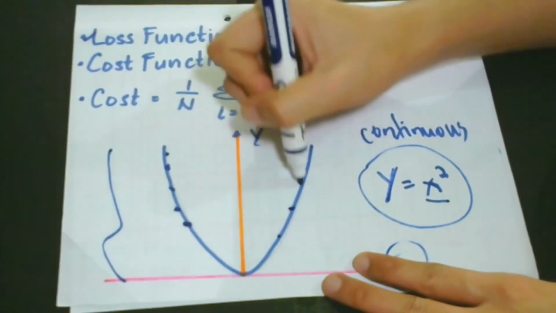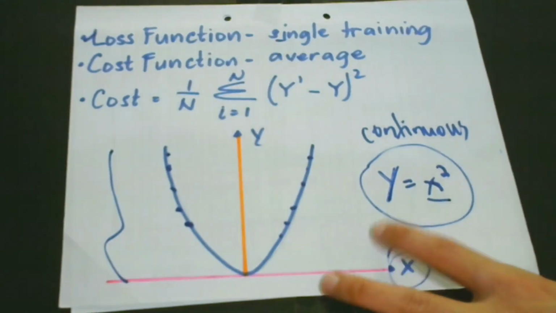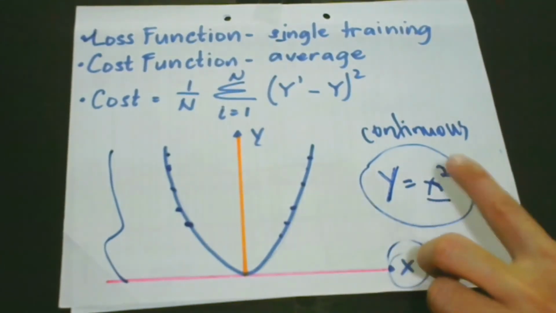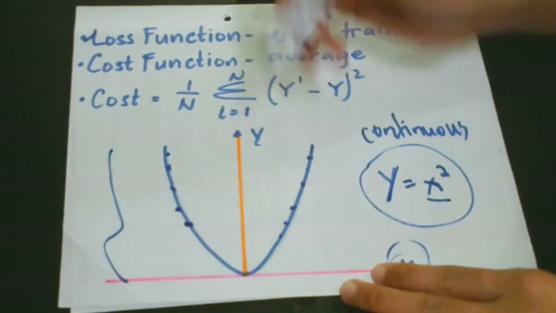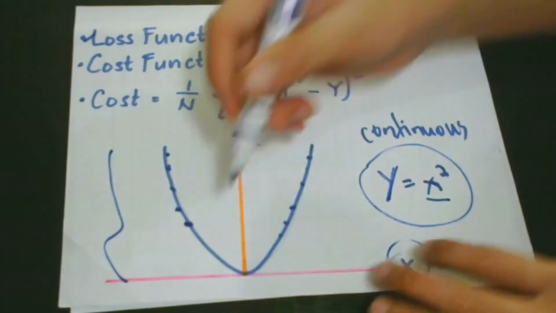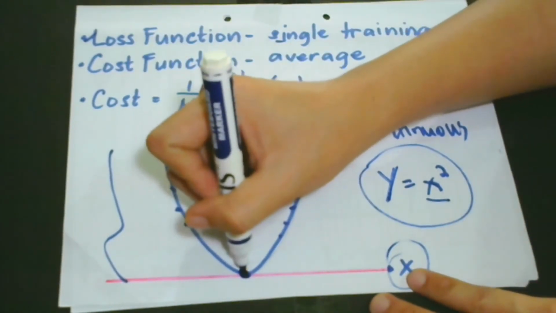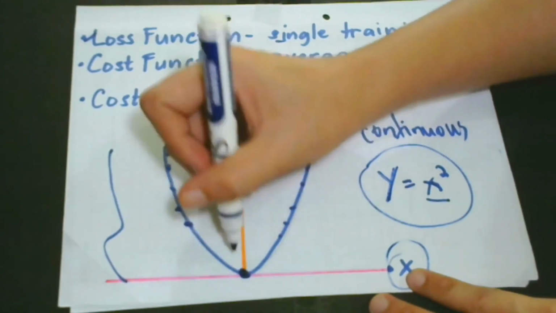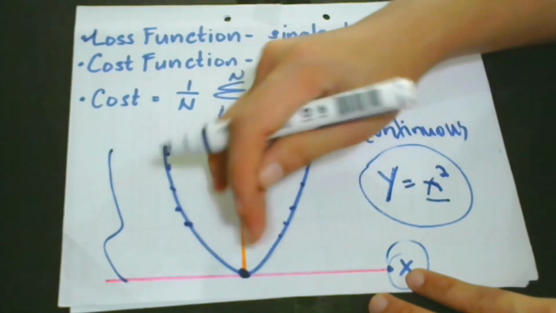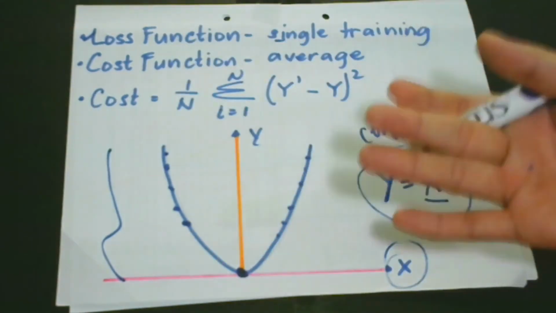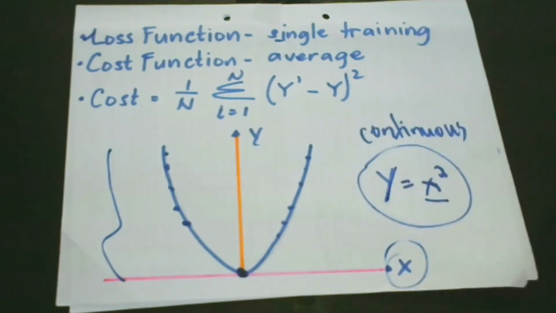We're going to find the least value of x so that we can arrive at the lowest value of y, and the lowest value of y is found here. This is the global minimum, if we have, in some cases, lots of local minima.